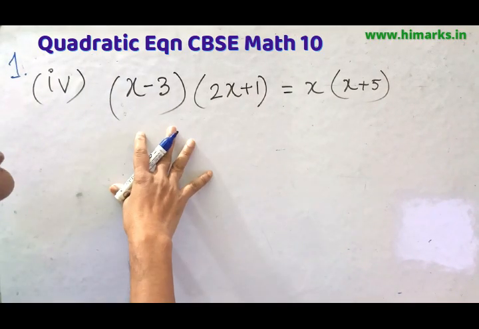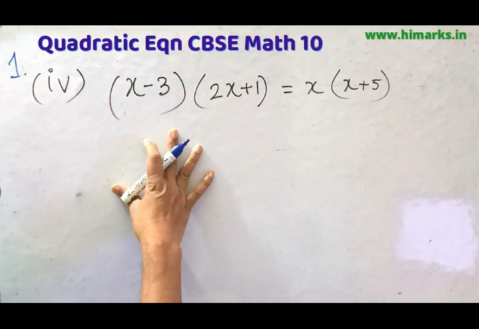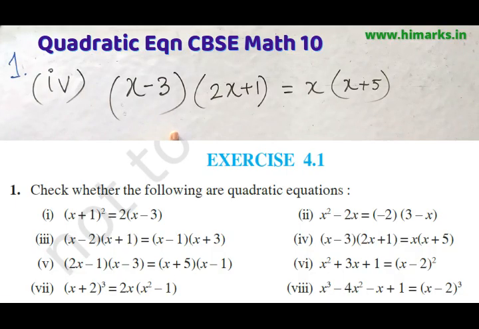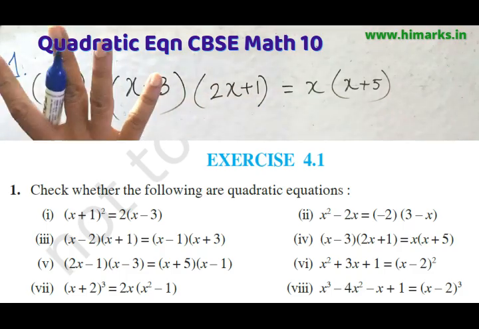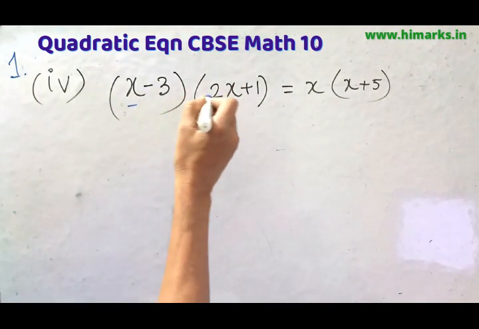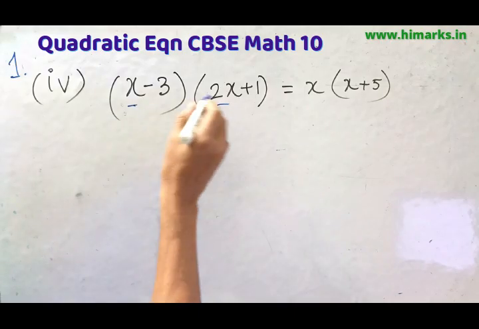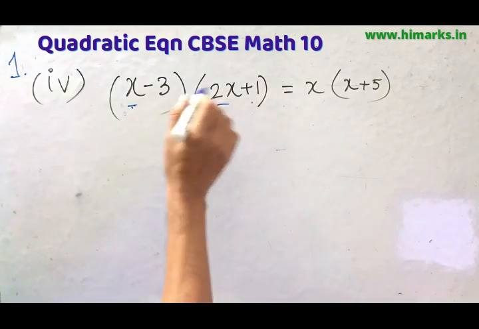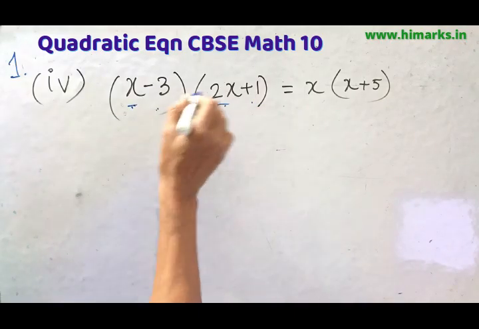So we need to test whether this given equation is a quadratic or not. In this kind of case, a plus b into c minus d, we have to multiply, spreading all the terms: 2 terms and 2 terms will give you 4 terms. The first term on the first term and the second term, and the second term on the first term and the second term.